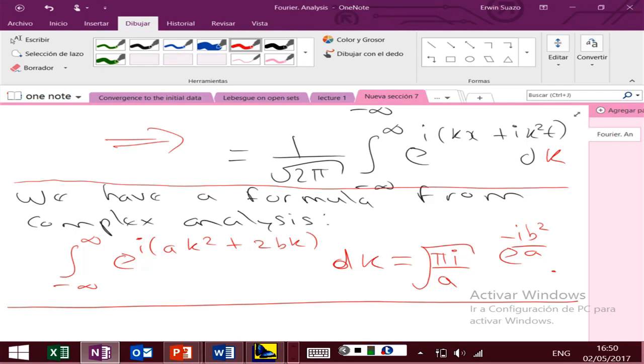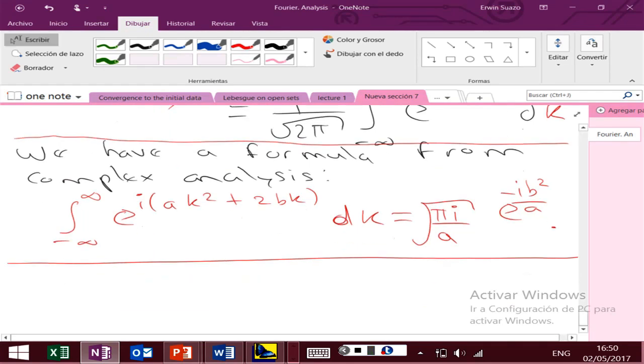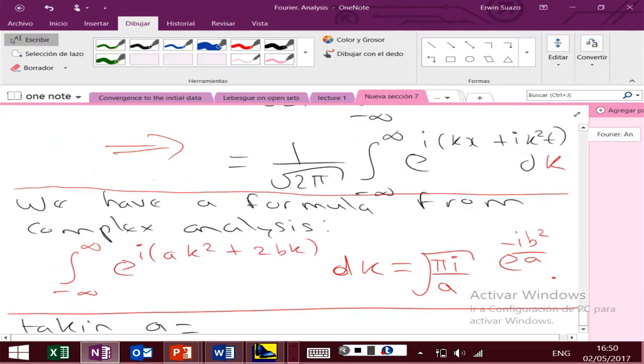In order for things to work, taking a, what is a? If you compare these with these, what is a? It's t, really good. And then what is b?